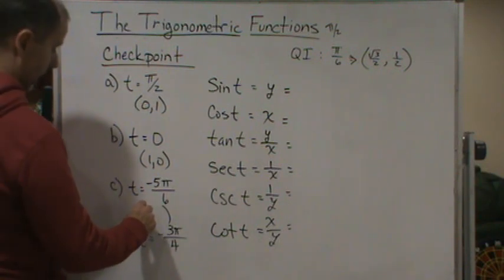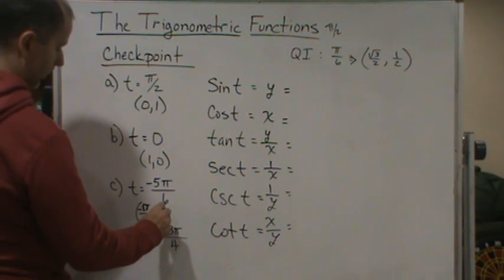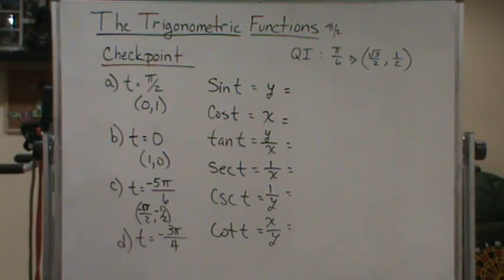It becomes negative square root of 3 over 2, negative 1/2. Right?